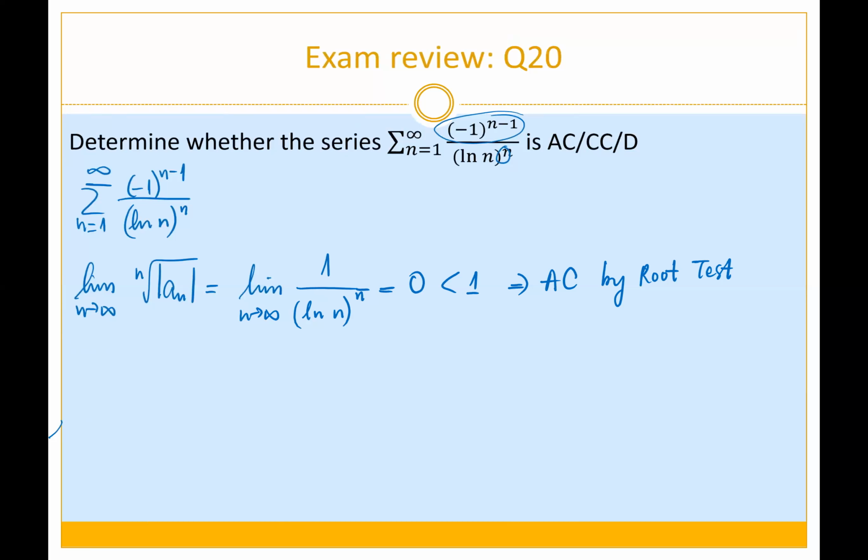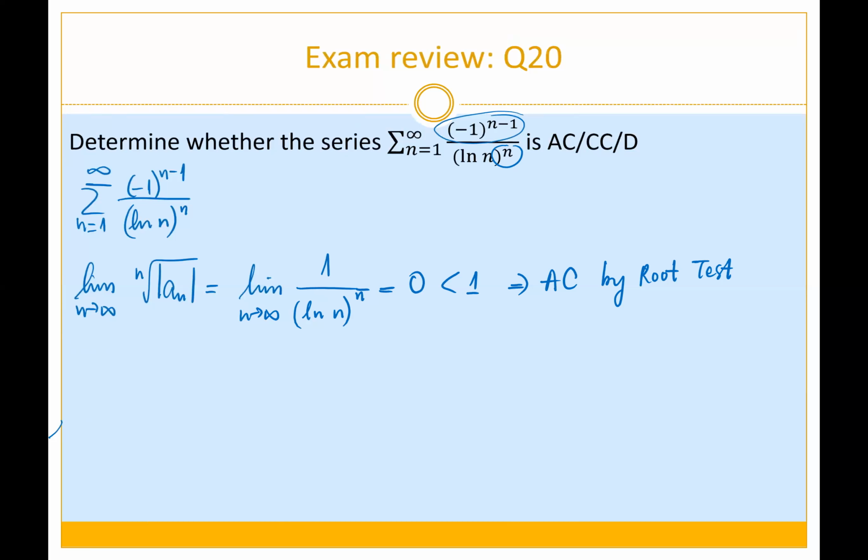I know how to do that, but I don't think you have any clue how to find it because it requires a lot of algebra, and it's going to make your problem really, really long. So this is not a wise choice to use ratio test, especially in this case where you see the n power.